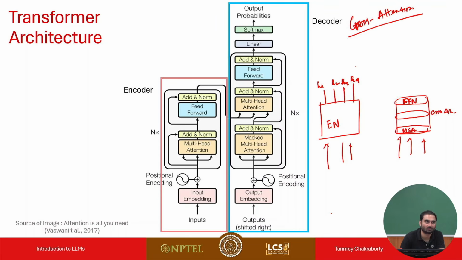Right? In cross attention, what will we do? Let's say this is the decoder D1, D2, D3, and after the masked self attention, you obtained, let's say, M1, M2, M3.